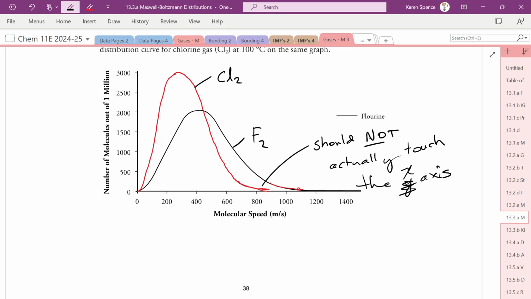They might look like it, but they really shouldn't. The x-axis is an asymptote. Is that good? Cool.